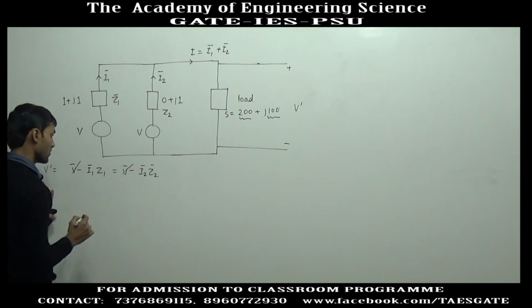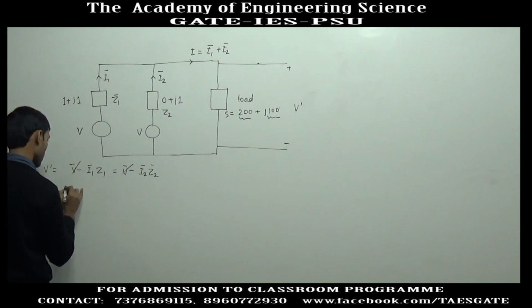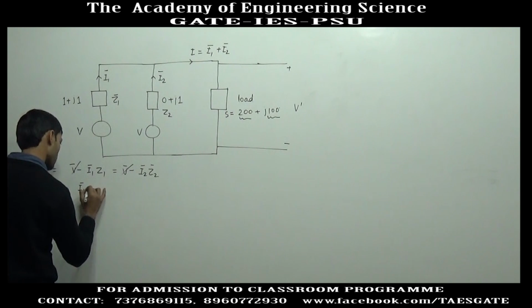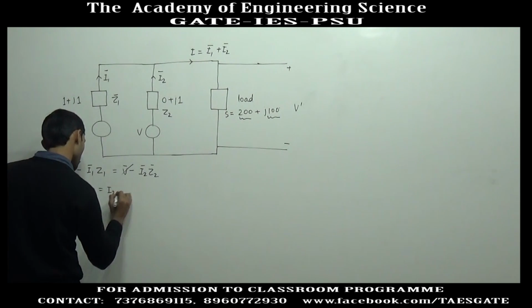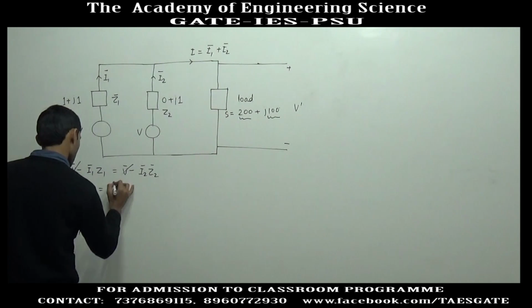From here V will be cancelled out, so we get I1 bar Z1 equal to I2 bar Z2.